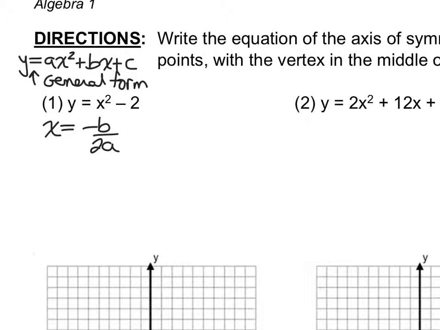So if you know that, then you can pull out your a, b, and c values. In the case of axis of symmetry, you don't need a c value because there's no c in the formula.